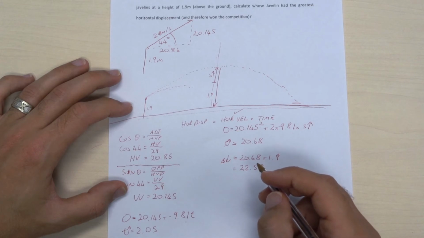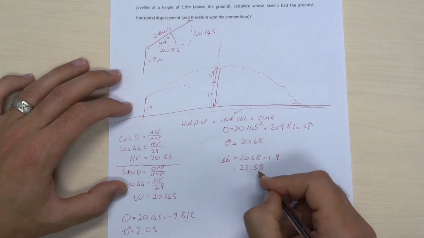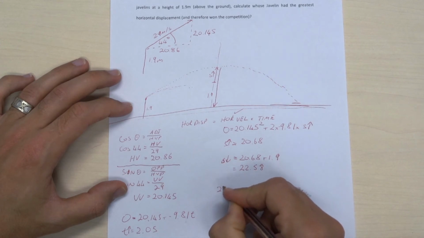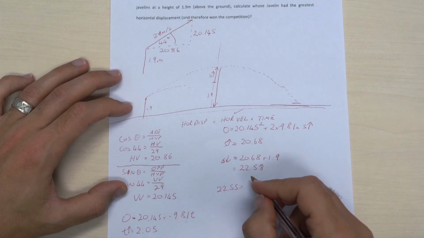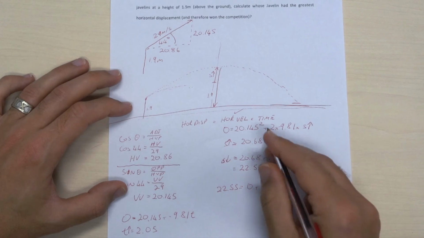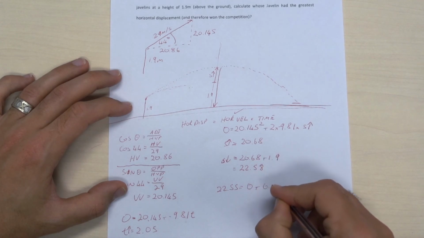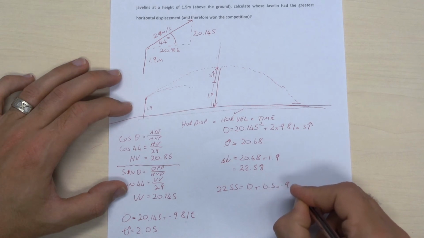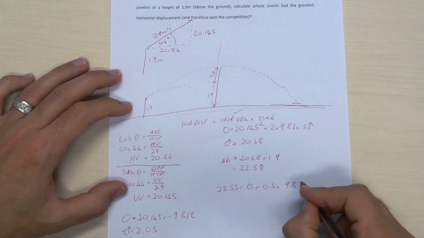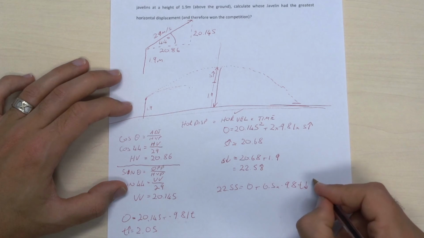In particular, the 22.58, which is displacement, is equal to initial velocity, which in this case is 0, squared, add half, so 0.5, multiplied by negative 9.81, time down squared.